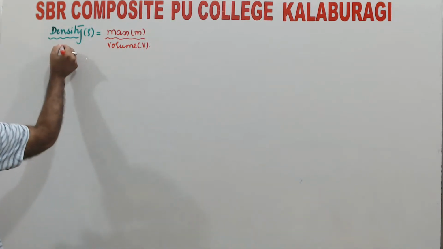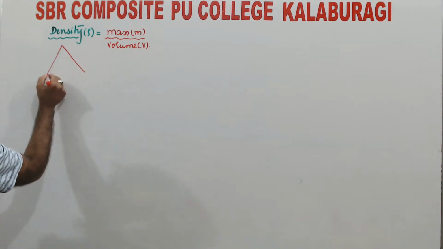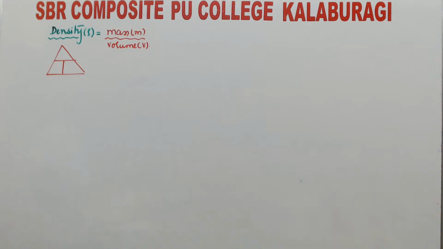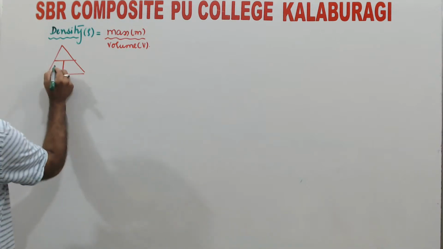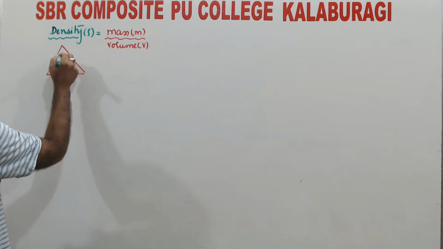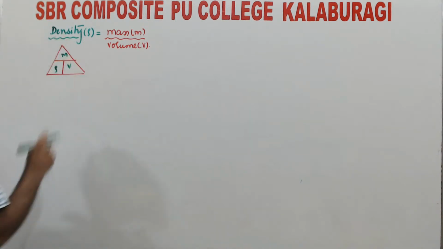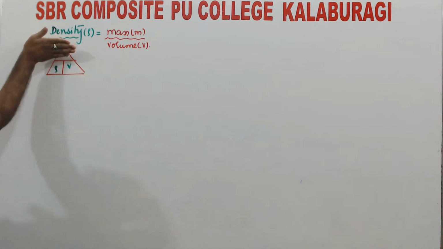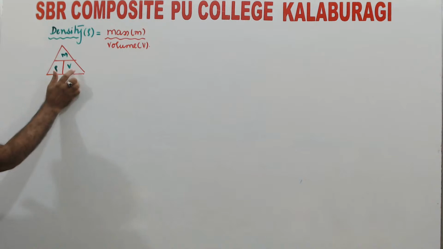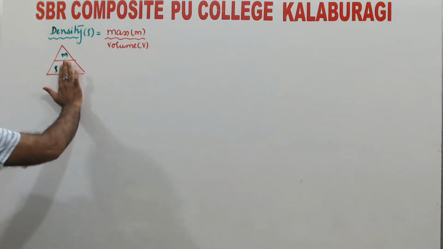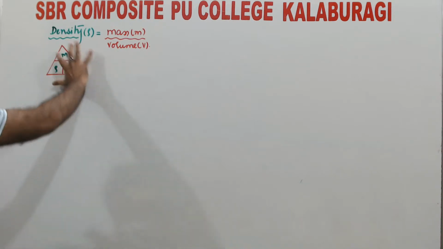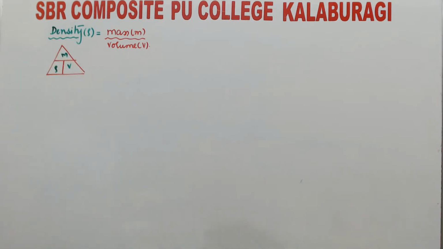Now we have a short trick related to this, which we call triangular physics. Density equals mass by volume. If I need to calculate the mass, I close it, and it is a product of density into volume. If I need the volume, it is mass divided by density. So this is the triangular method to remember the density relation.